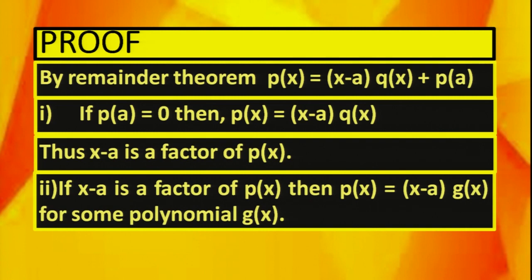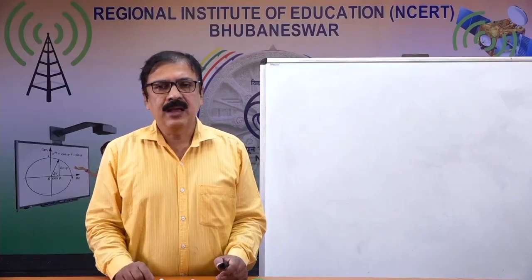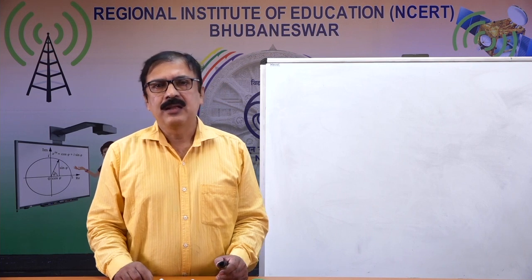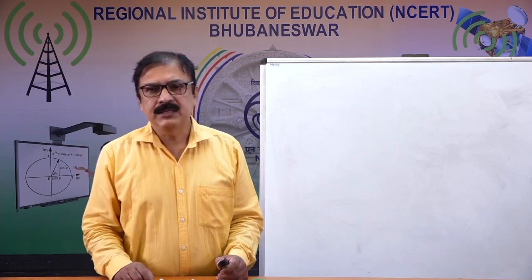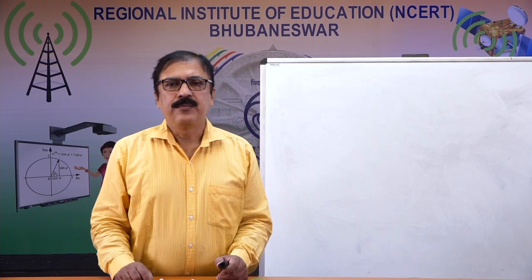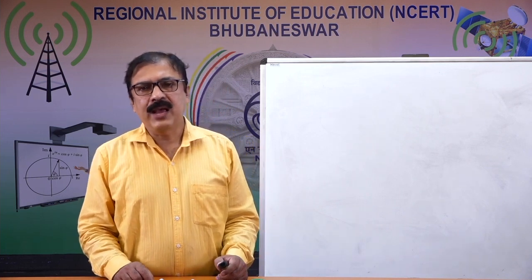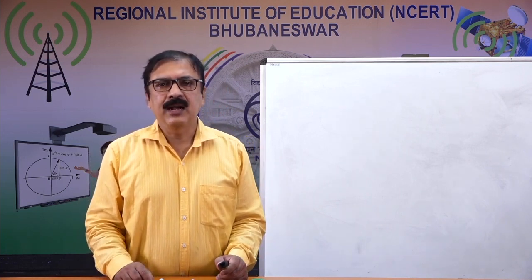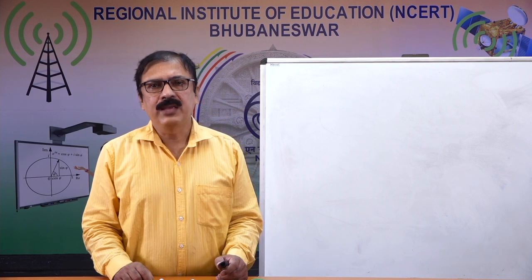Now see, here x minus a is a factor, so the remainder is absent. Now put the value of x as a, so that we find P(a).